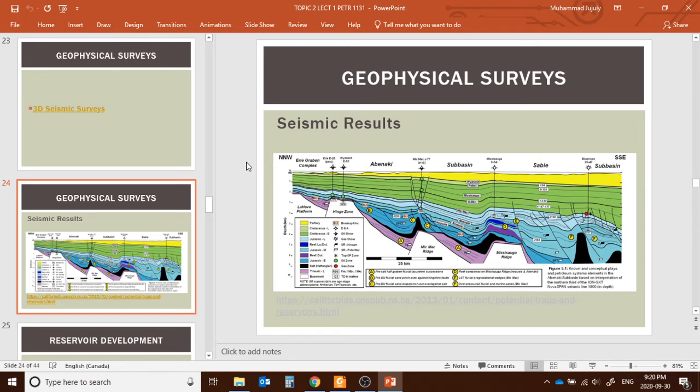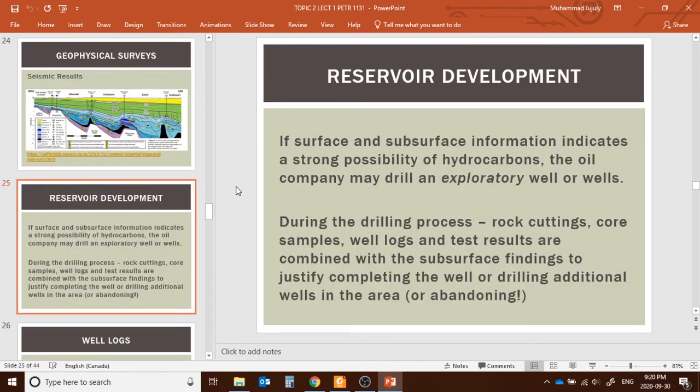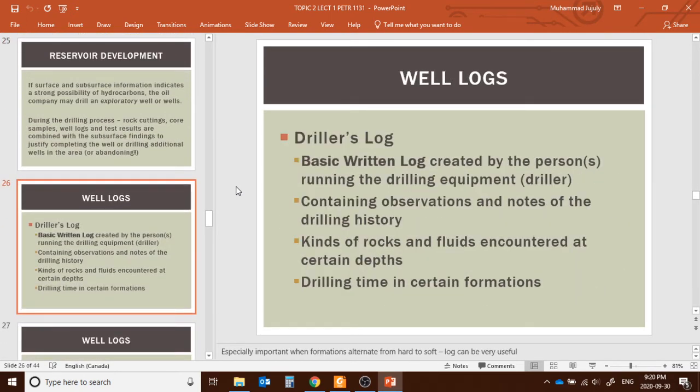You will interpret the data and find whether there is a chance of finding oil, or no chance, that there is only water or aquifer or something. I mean, there is no possibility. So how do we do that? We do this by the logs.